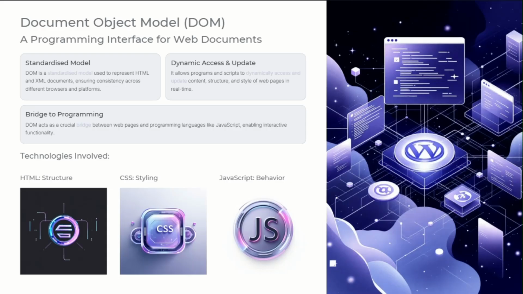One of its most important roles is acting as a bridge between web pages and programming languages like JavaScript. Without this bridge, JavaScript wouldn't be able to interact with HTML. The DOM connects three core web technologies: HTML for structure, CSS for styling, and JavaScript for behavior.